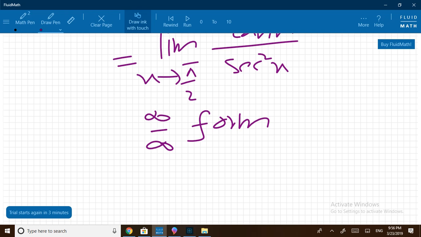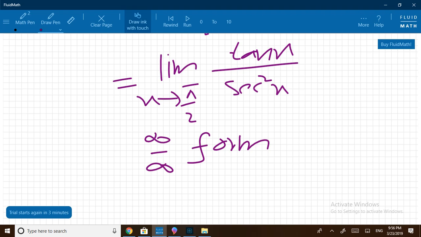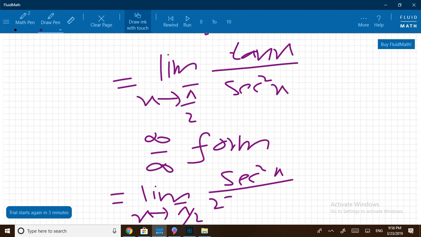So in case of indeterminate form, we apply the L'Hopital rule again. The derivative of tan x is secant square x, and the derivative of secant square x is 2 secant x into secant x tan x, so secant square x is cancelled out with secant square. It will be 1 over 2 tan x.